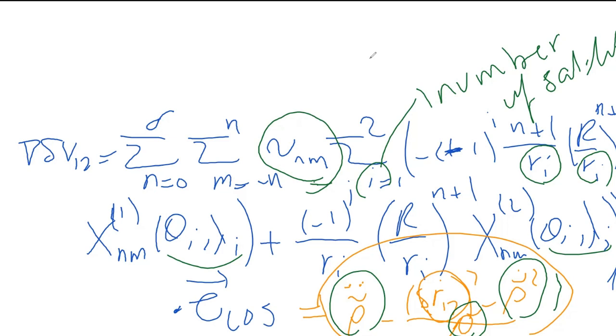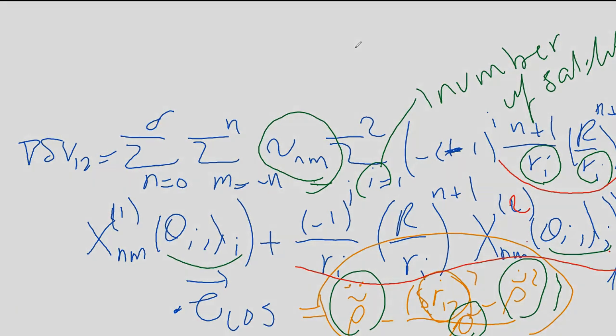For example, this term is the radial derivative, and when it is involved with this vector spherical harmonics, these are horizontal derivatives, or in other words, derivatives with respect to theta and lambda. So as you see, the derivatives of the spherical harmonics are used here, not the spherical harmonics themselves.